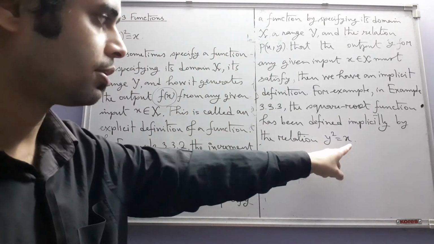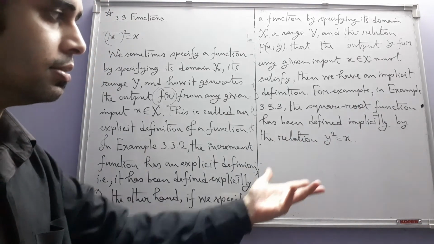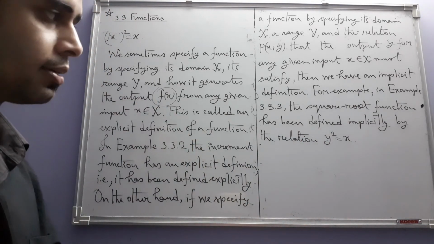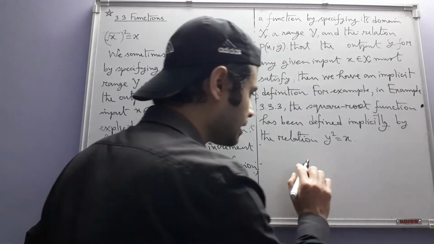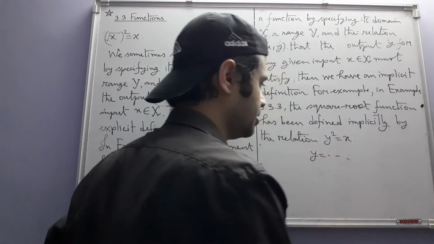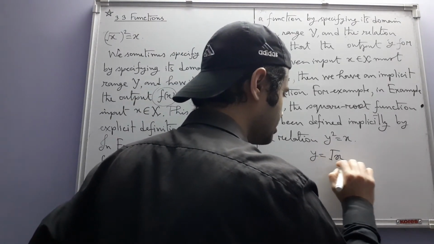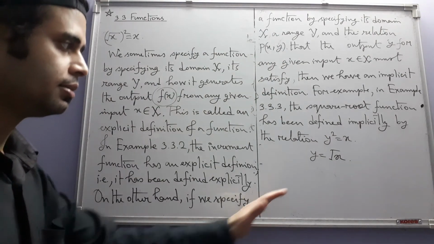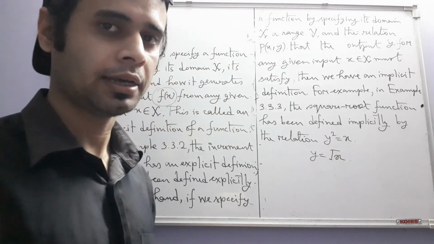Note that here for a given x, we are not saying what the output y is, or how it is being generated by x. More specifically, we are not saying y is equal to something. Of course, we are writing y is equal to root x, but that is just a symbol. It's not saying anything more than the fact that this is an element whose square is x.